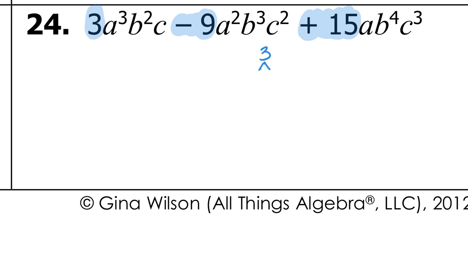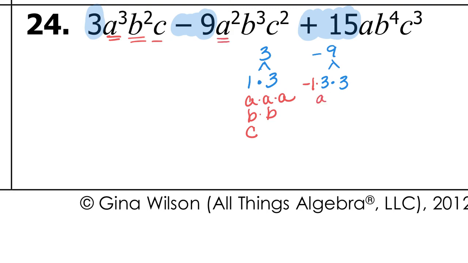Well, 3 can only be broken down into 1 times 3, and it contains 3 letter A's, 2 letter B's, 1 letter C. Negative 9, well, 9 is definitely 3 times 3, and I'm going to throw the negative 1 in there to remind my eyeballs that it's negative. It contains 2 A's, 3 B's, and 2 C's. So kind of just write them out like that.